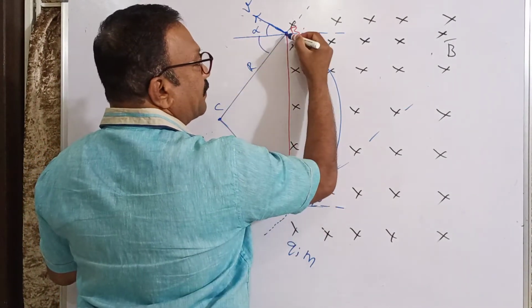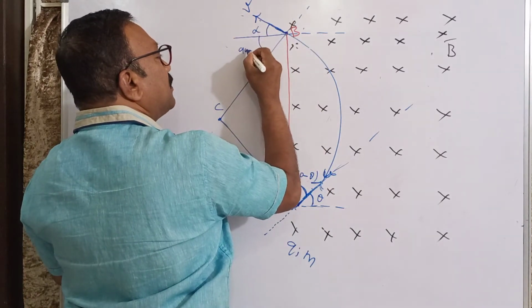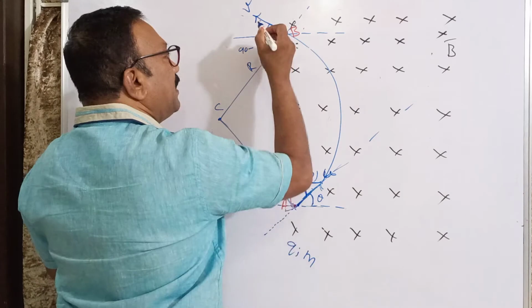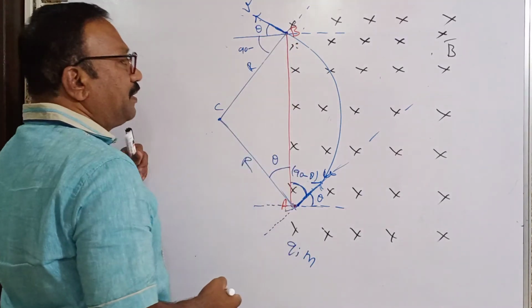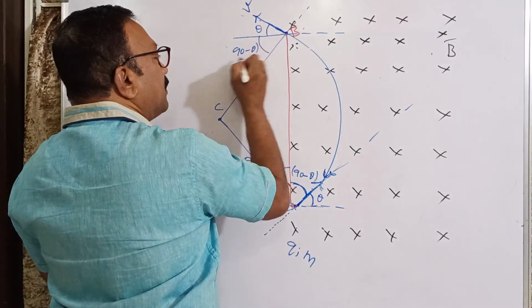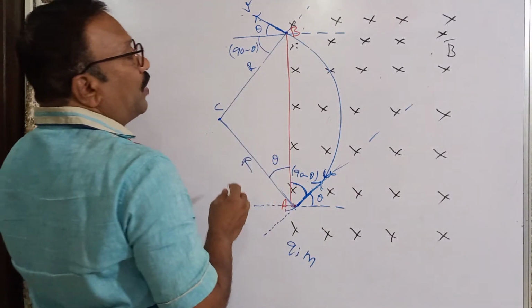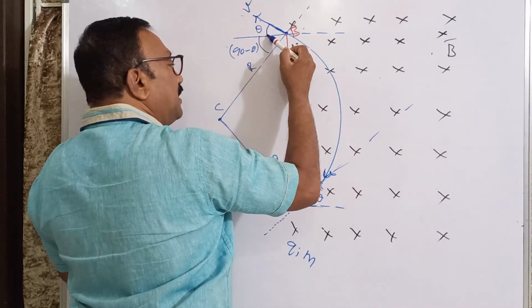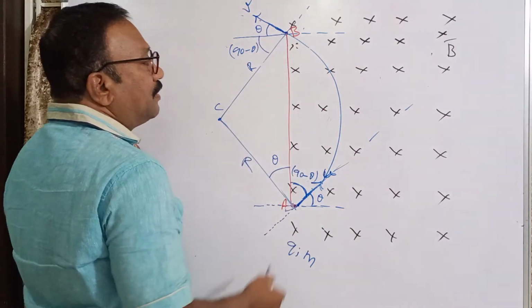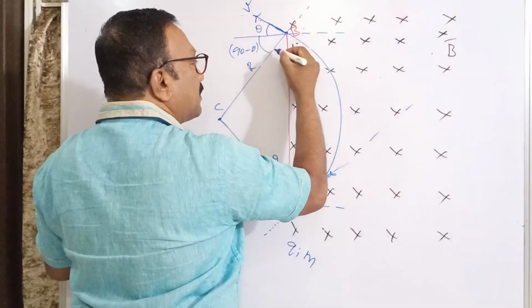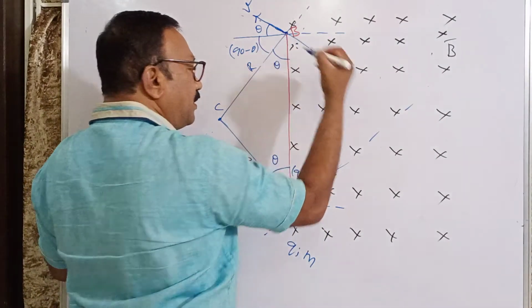As it follows the symmetry, this angle and this angle are the same. So therefore, I must write this is 90 minus theta here. Why? Because this is radius, this is velocity. If this is theta, this is 90 minus theta. Again, this horizontal line and chord are perpendicular. If this is 90 minus theta, this is again theta.